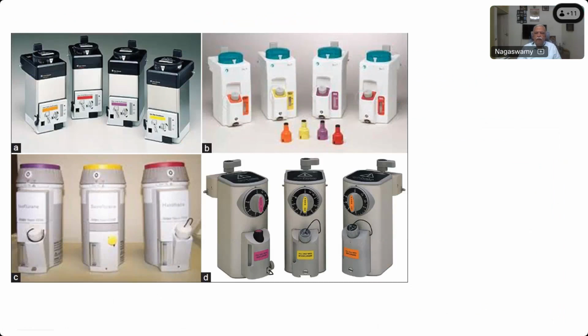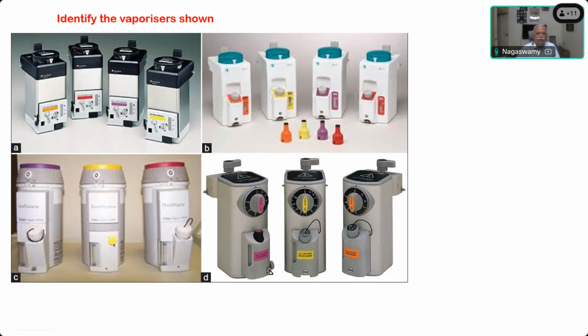Now comes the spotter identification. Identify the vaporizers shown here. Each one of you would have seen one type in your hospital attached to your workstations, because so many companies are there. So based on your experience or handling of these machines, you may need to identify what type or which company is manufacturing these.